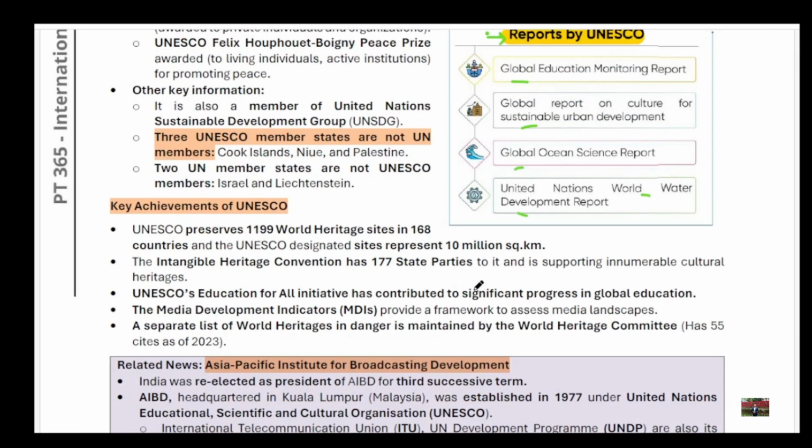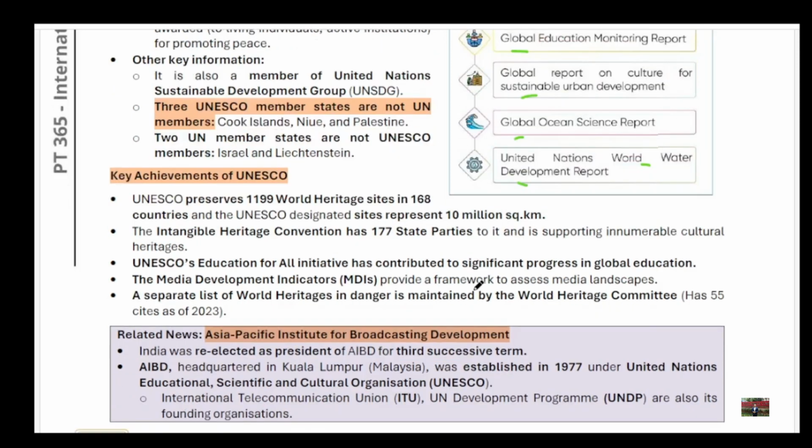All right. So now let's see some of the key achievements of UNESCO. What are some of the important achievements of UNESCO? So UNESCO preserves 1199 World Heritage Sites in 168 countries, right? It is very, very significant because UNESCO preserves approximately 1200 World Heritage Sites in 168 countries, right?